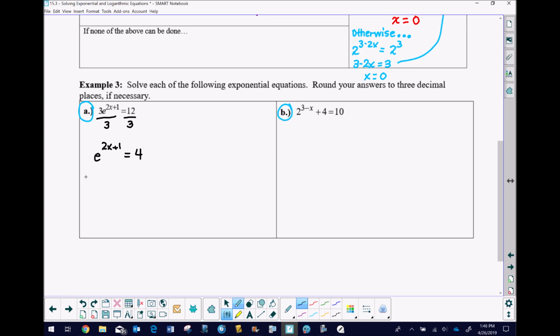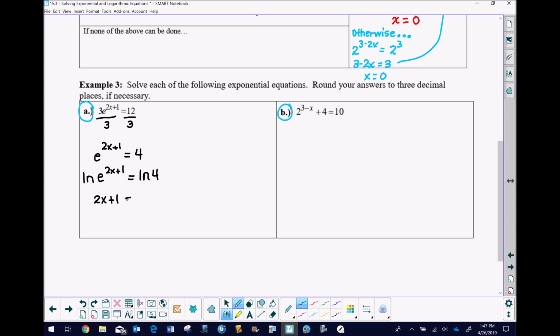Which log do we use? We use the natural log because this is a base e. Had this been base 5, we'd have used the log base 5. So if we take the natural log of both sides of the equation, basically we're performing the same operation to both sides. What happens is that the ln and the e go away.